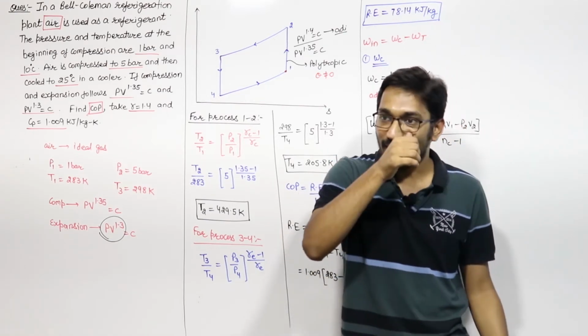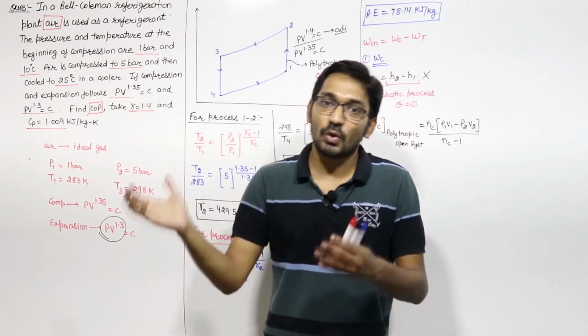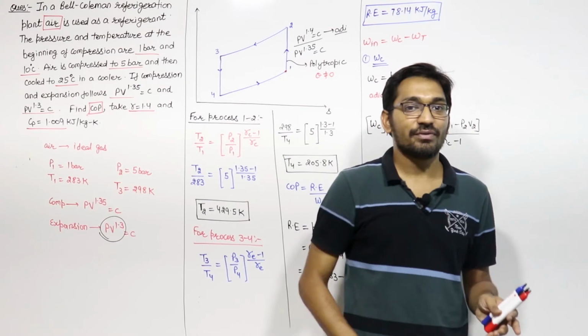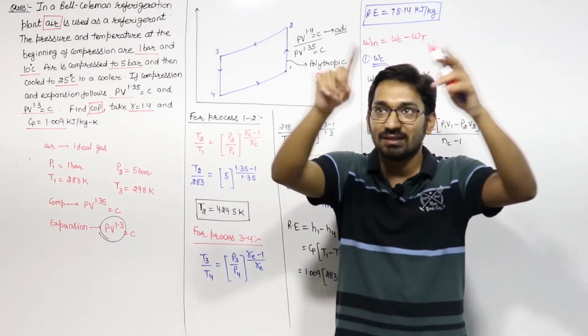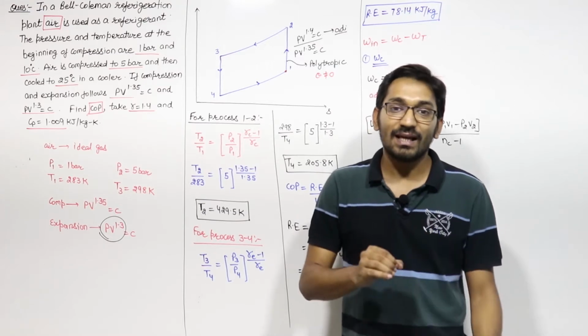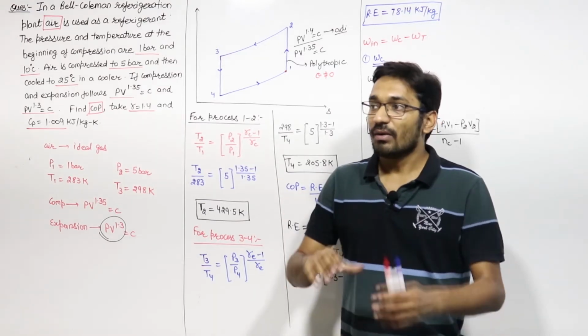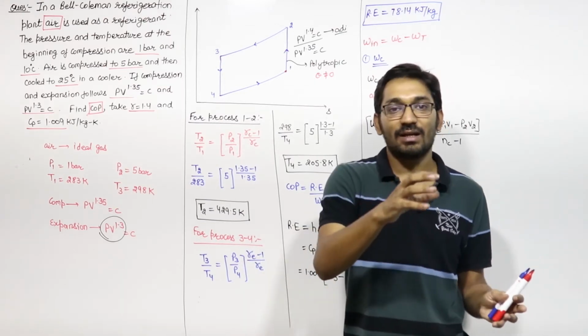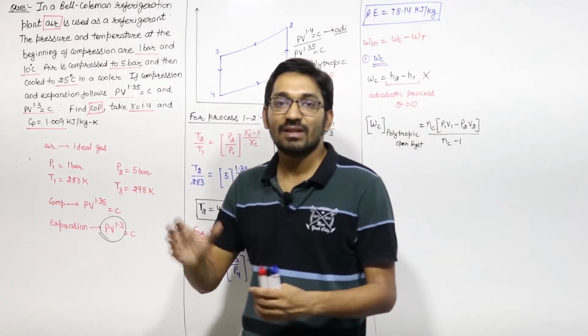I told you that open system or closed system will depend upon the system which you define. If I define this complete cycle as a system, then it is a closed system, because no mass will enter into the system and no mass will leave the system.